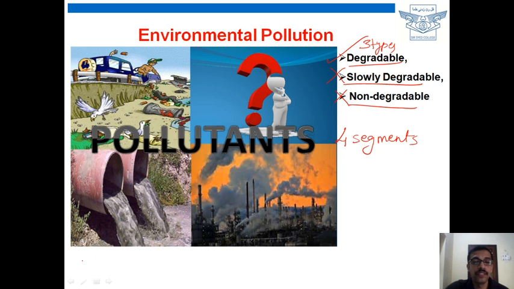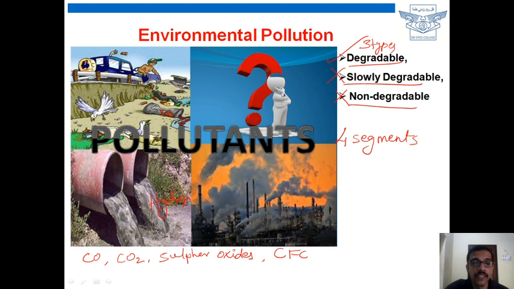So what are the examples for these? You have different gases such as carbon monoxide, CO2, then sulfur oxides, then you have chlorofluorocarbons, CFCs, right? So you have so many gases which are causing atmospheric pollution. Then you have industrial effluents, the waste from industry, which is causing hydrospheric pollution, right?